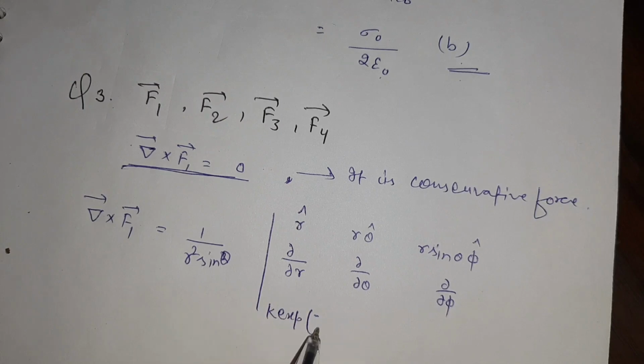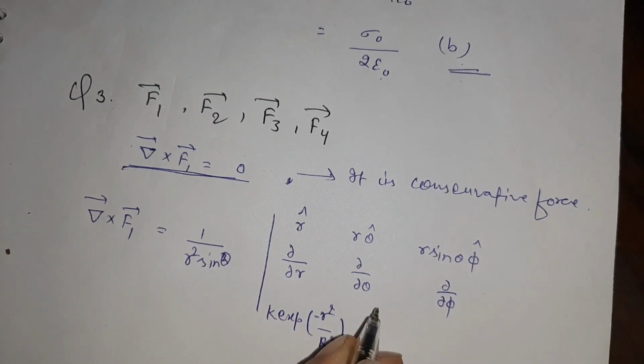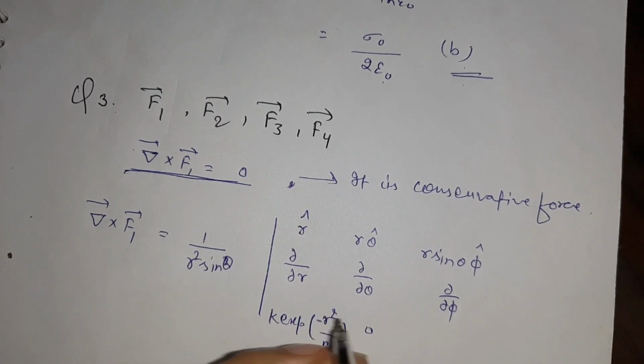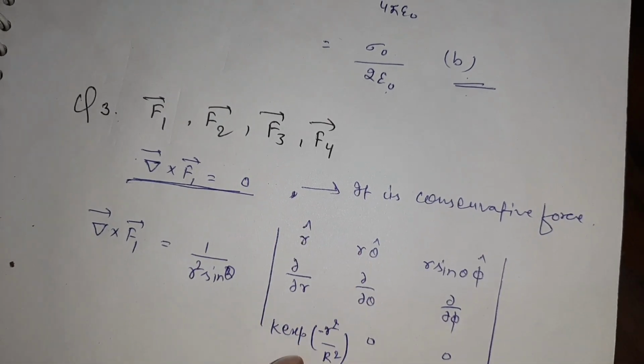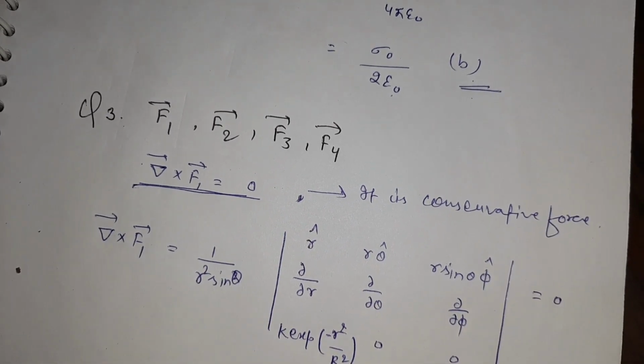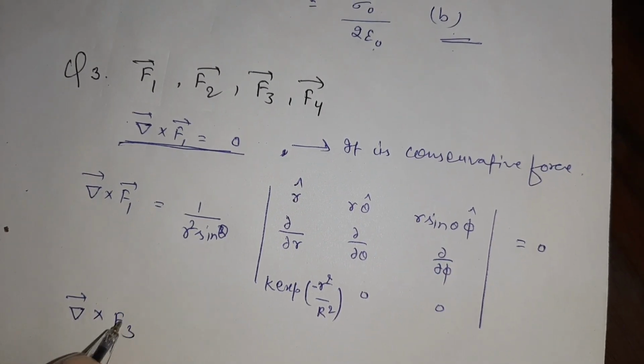And our first term, already given in the question for r cap, is minus r by capital R square, and for r theta there is no quantity given, and for this also. Now if we calculate this determinant, we will find that it is equal to 0, and the same for the force F3.